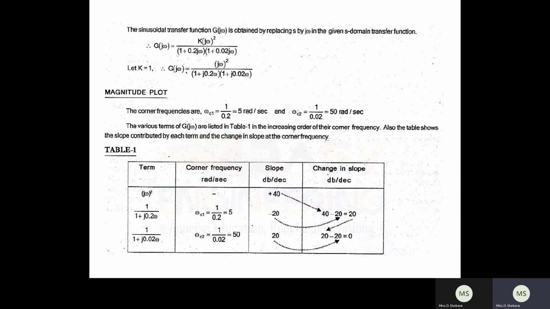The corner frequencies are 5 radian per second and 50 radian per second. Now write the slopes: (j omega) squared gives plus 40, the second term is in the denominator so minus 20, and the third term also has minus 20. The change in slope: the first term has plus 40, minus 20 gives plus 20 for the second term, and then minus 20 for the third term, so the change in slope for the third term will be 0.